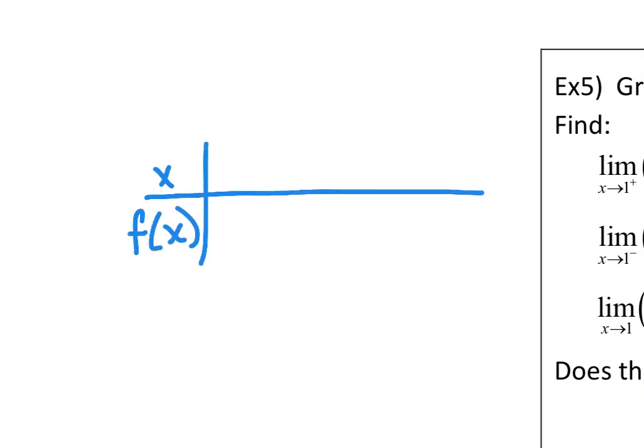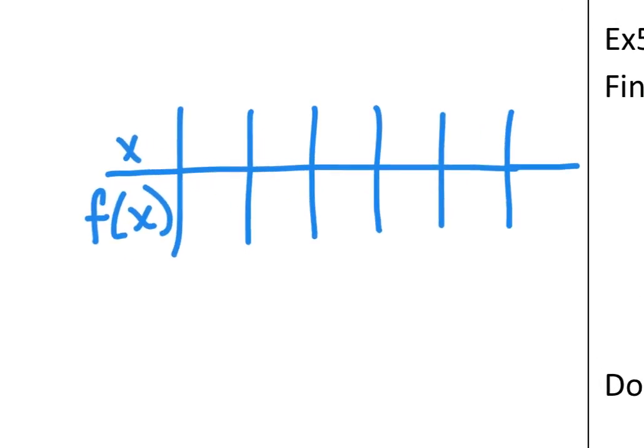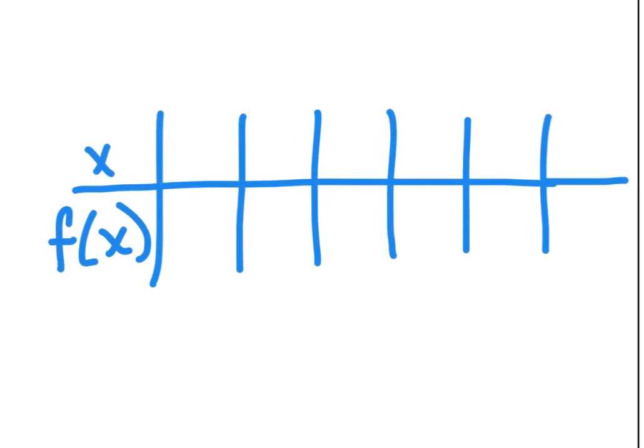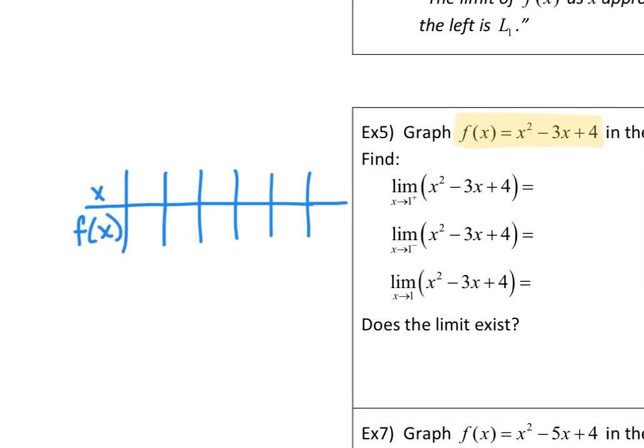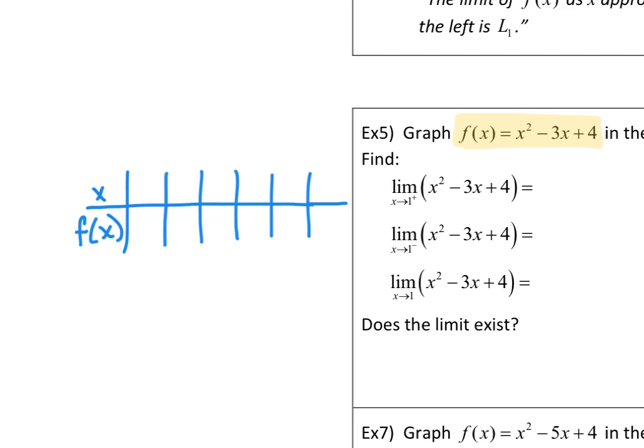I probably won't have room to write everything, so 1, 2, 3, 4, 5, 6, there are 6 spaces there. We want to look at the function as x approaches the value of positive 1 from the right first, and then from the left, and then just the general limit.